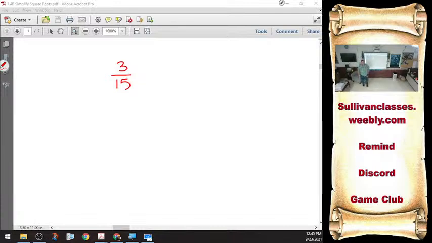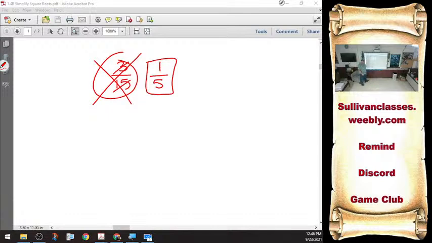What do 3 and 15 have in common? They both can be divided by 3, right? So this divided by 3 is 1, this divided by 3 is 5. So I would never say this. I would reduce my answer.